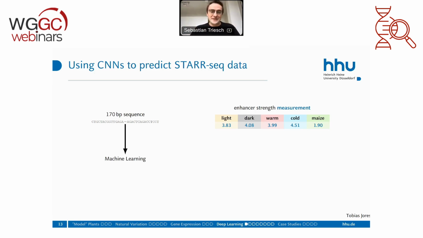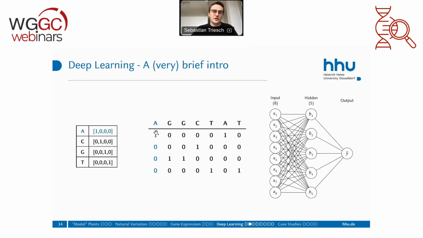So the first thing that I want to show you is how we can actually feed a computer these sequences in a machine readable format. Yeah, because the computer is very bad at reading letters. It loves to read ones and zeros. So the first thing that we do in machine learning is that we convert our DNA letters into ones and zeros.